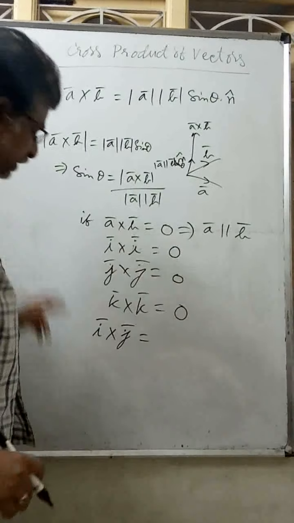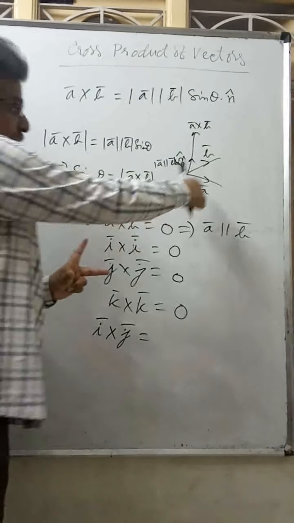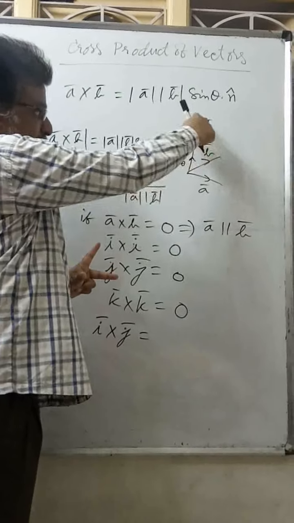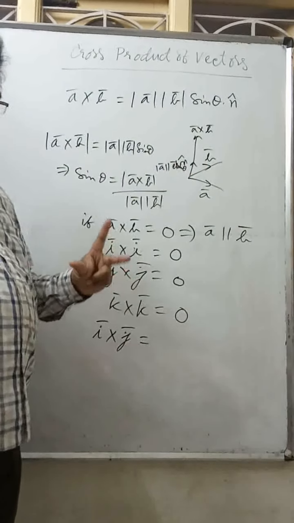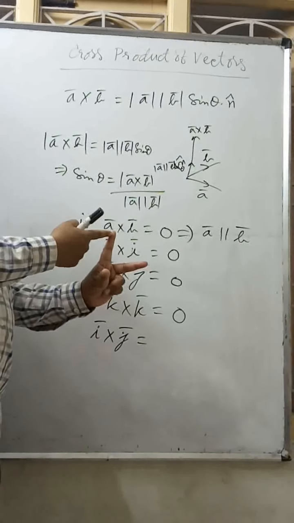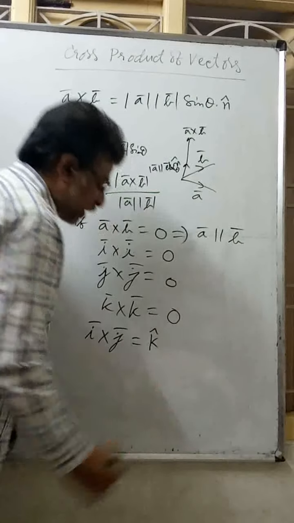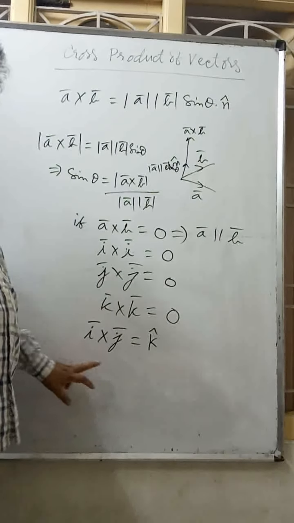What is i cross j? i and j are both perpendicular. I told you, a cross b is a vector perpendicular to both a and b. So if this is i and this is j, perpendicular to both of these is k bar. So i cross j equal to k cap, a unit vector perpendicular to i and j.